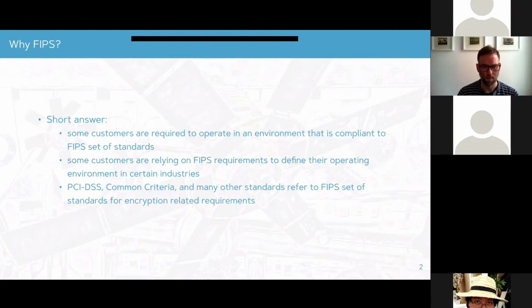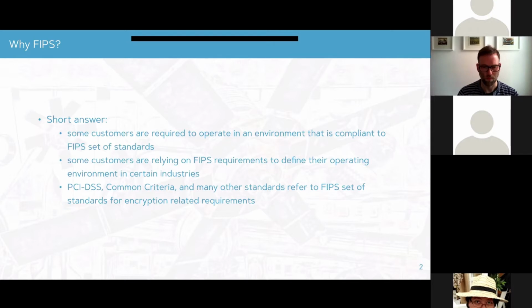There are many FIPS standards. So things like PCI DSS and Common Criteria and many other standards really just refer to certain FIPS substandards to say how you have to configure your banking systems and e-commerce and so on.